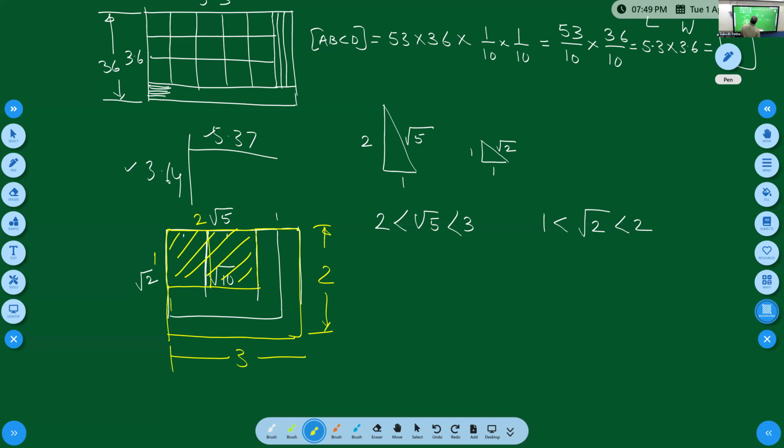So maybe what we should do is, I take say 2.2 here.